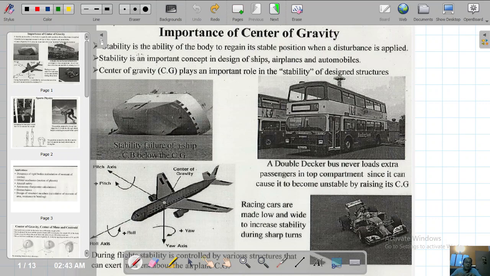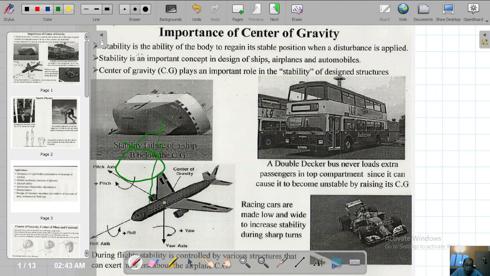For example, in the case of this ship, what is happening is that it has just toppled over. The reason being that its center of buoyancy is below the center of gravity. That is the main reason it has toppled. So these things are very important.